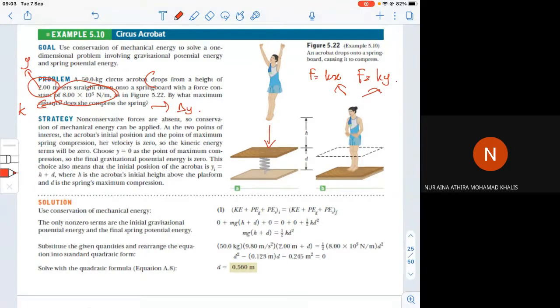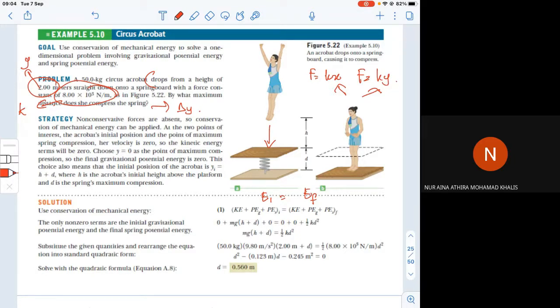Okay, now the situation is we will see that this girl, the acrobat, should have at first the mechanical energy, which means we should consider energy initial equivalent to energy final. You look carefully at how they write the equations after this.